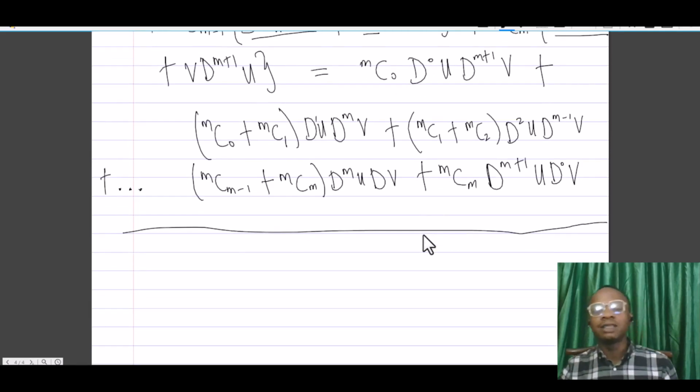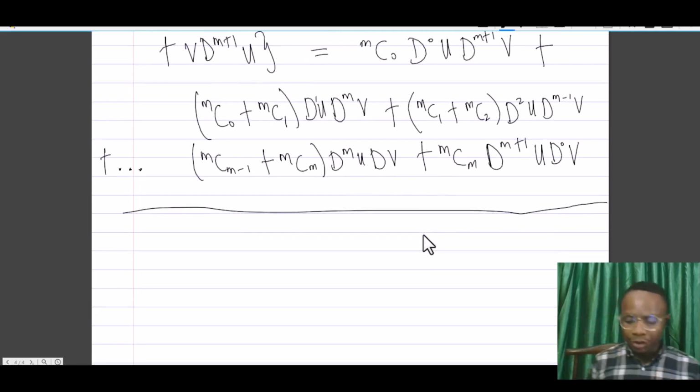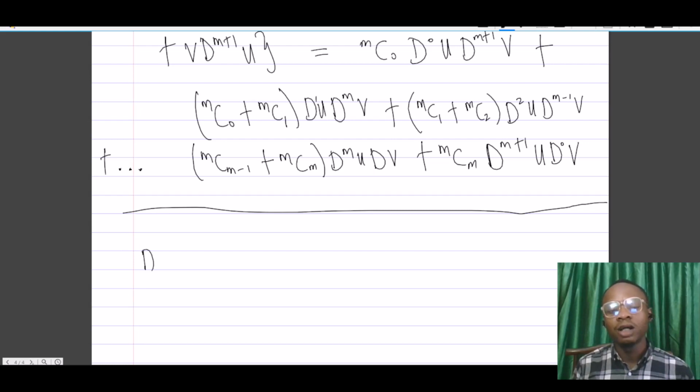Okay, so don't forget that we should have a picture of our destination in mind. We expect that if we are to use the Leibniz formula for the m plus 1 derivative of uv, this is not part of the solution, I just want to write out the rough work so you know what we are driving at.